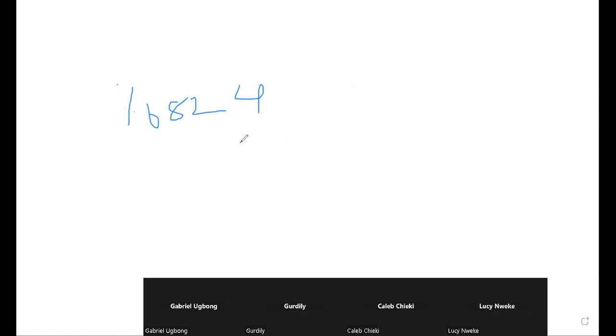So when we want to do that, we will first of all draw a line like this, and then we're going to put it in 3 categories. Remember when you did hundreds, tens and units? We do it this way because this is the simplest form.